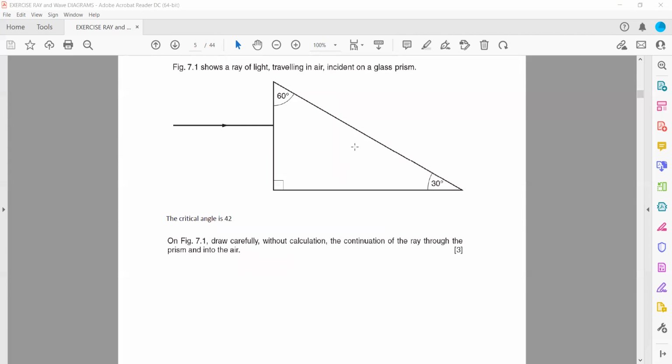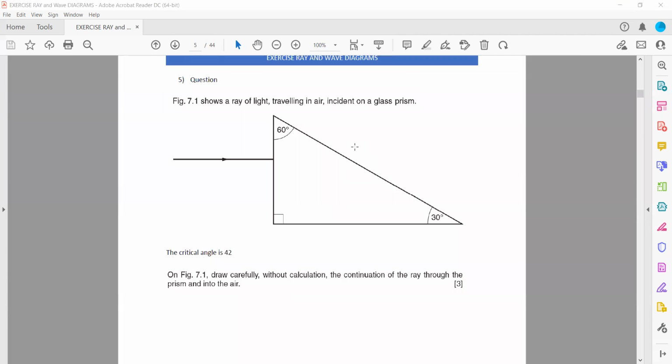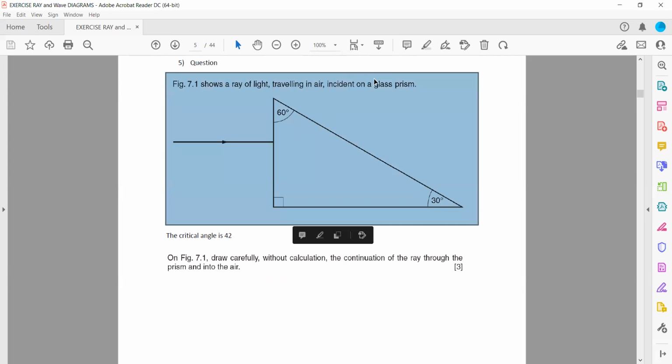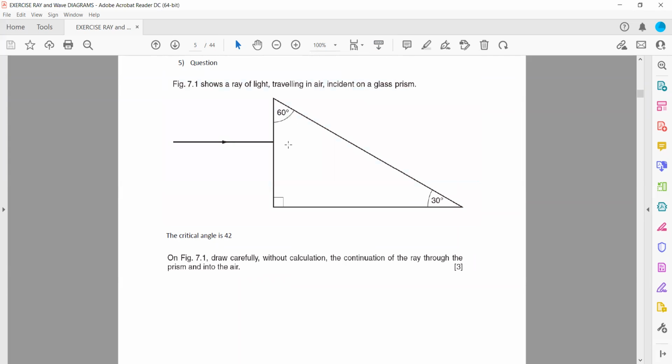Figure 7.1 shows a ray of light traveling in and incident on a glass prism. The critical angle is 42 degrees. On the figure, draw carefully, without calculation, and continue the ray. How will it continue? First, because it is passing along the normal, the direction in which the ray is coming is the same as the direction of the normal.